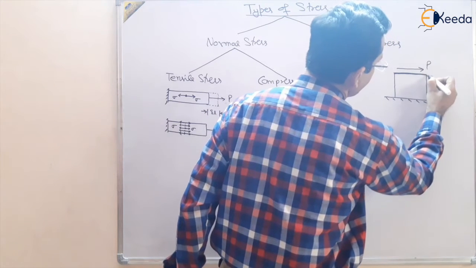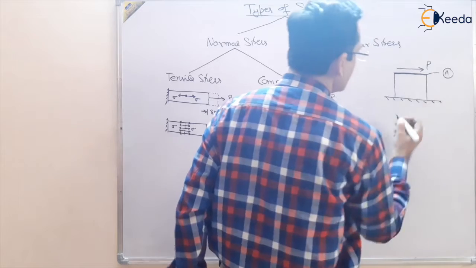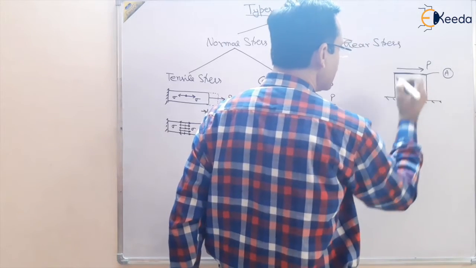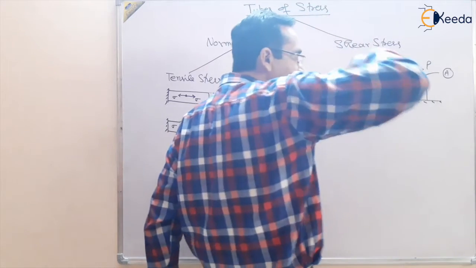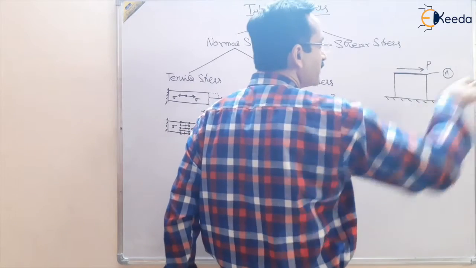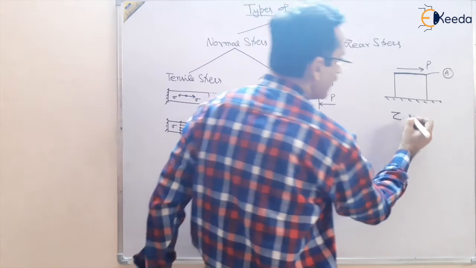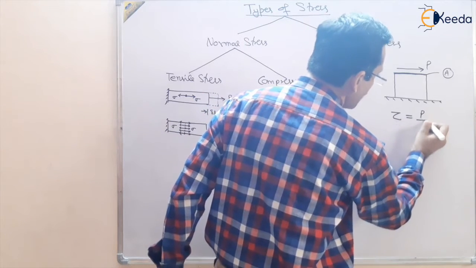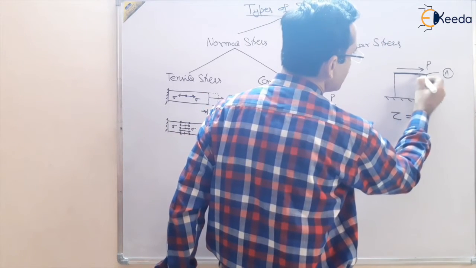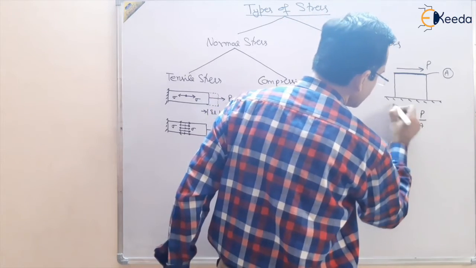The stress developed in this material will be shear stress, because the force is trying to shear off the material. Shear stress is denoted by tau, and it is equal to the load upon this highlighted area, P upon A.